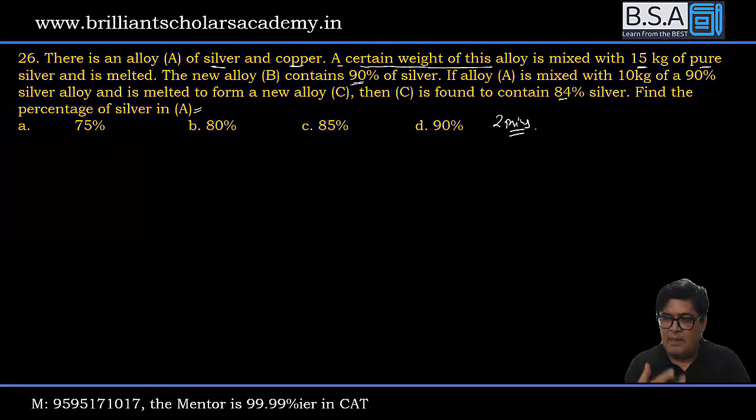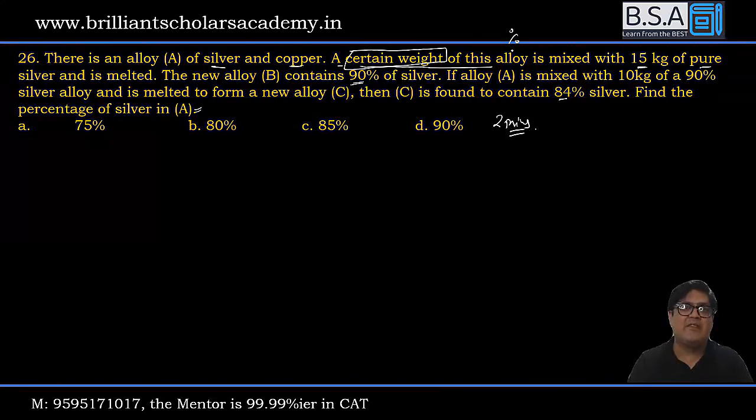As your practice increases, as your level of understanding increases, you will realize there are two problems here. What is the weight of A that I am using? We don't know. Also, what is the percentage purity of silver in A? We don't know.